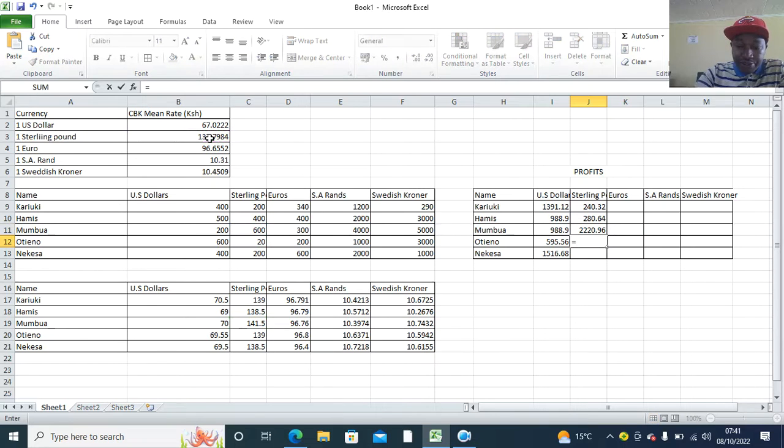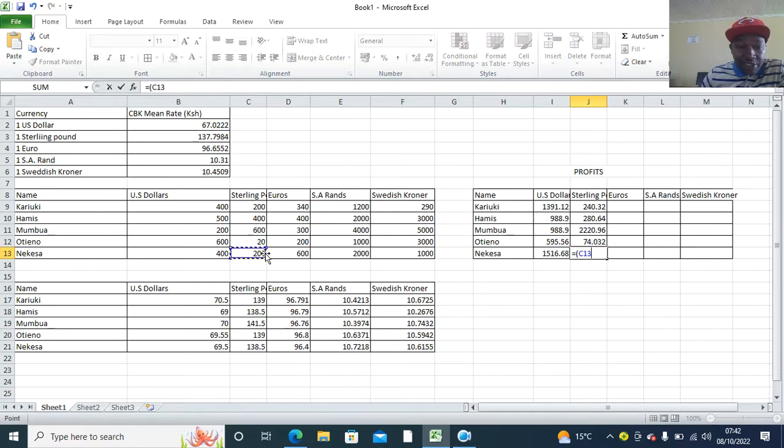This one equals, open the bracket, then we have Otieno, 20 multiplied by 141 minus, again 20 multiplied by 137, close the bracket, enter, equals, open the bracket.